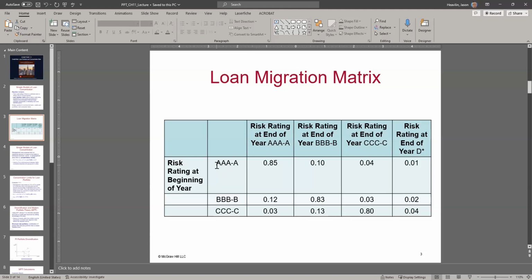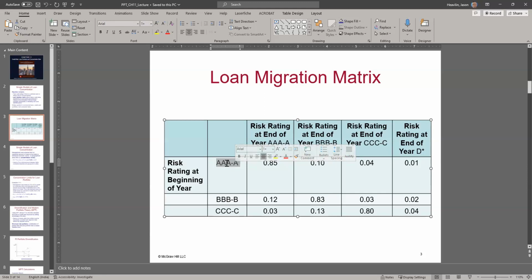The probability of something between A and AAA going down to triple B or double B or B is 0.10, about a 10% chance of that happening. Another way to look at it, sometimes 10% of those will go down. It just depends how you want to interpret or measure or discuss the item.